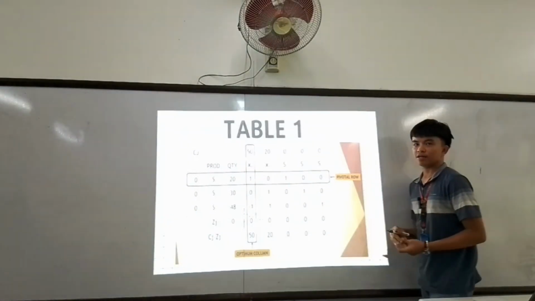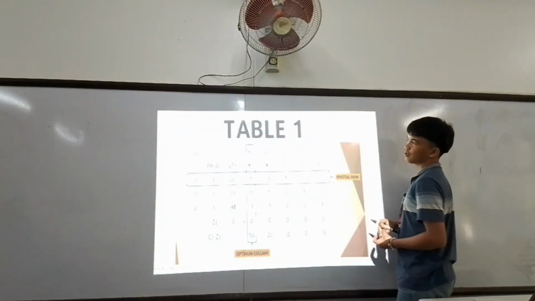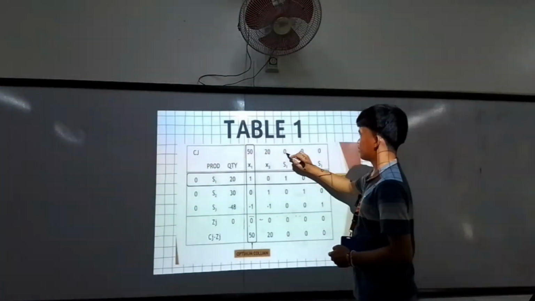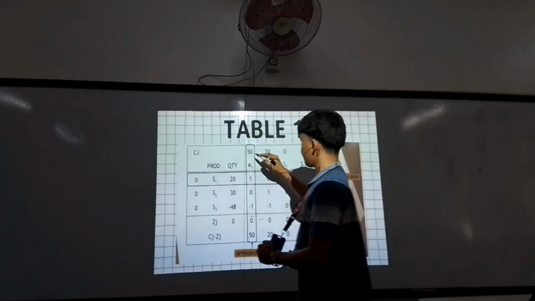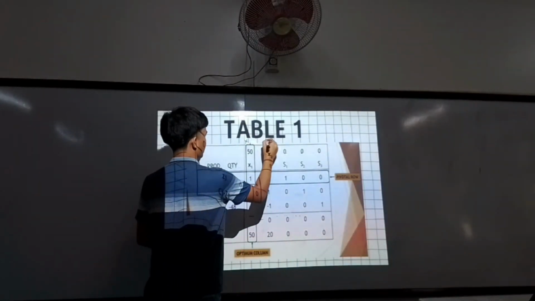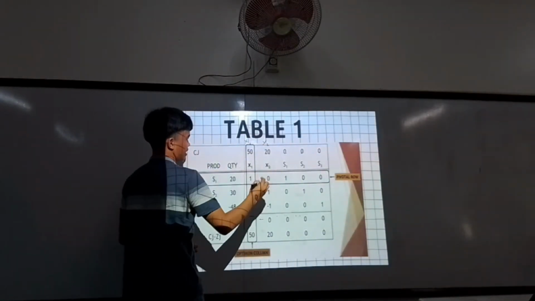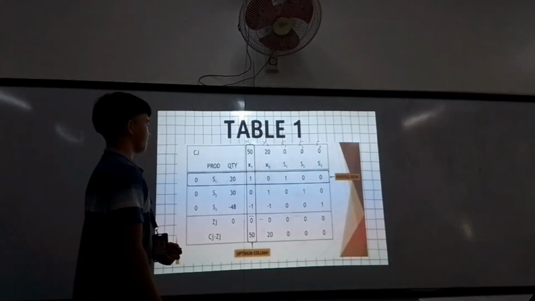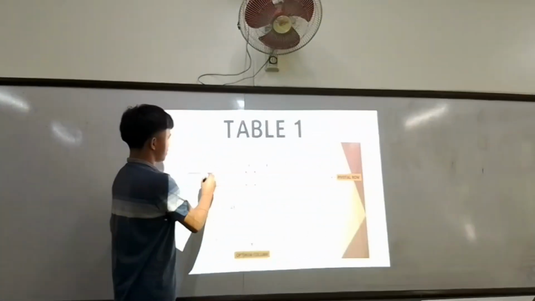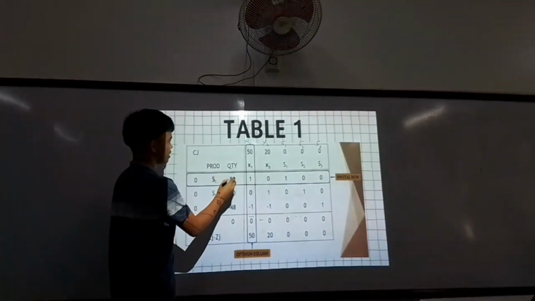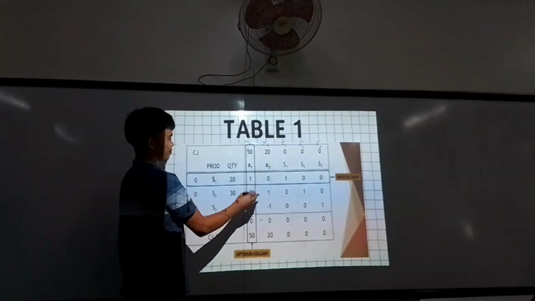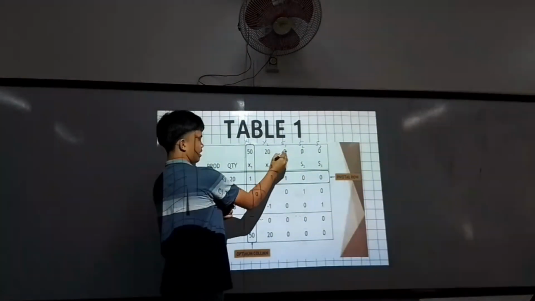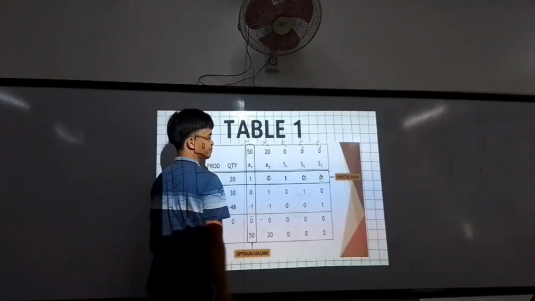Now that we have constructed the variables, let's move on to table 1. So we have 50, 20, 0, 0, 0. This 50 will serve as x sub 1, and 20 is x sub 2, and 0 is s sub 1, s sub 2, and s sub 3. So we have the production of S sub 1, quantity 20, and X sub 1 is 1, and X sub 2 is 0, and 1, 0, 0.